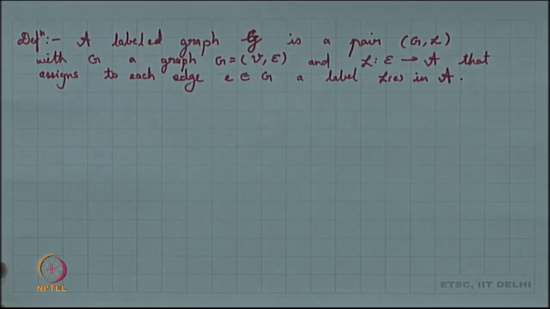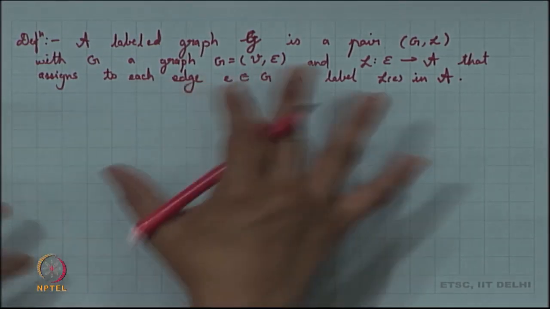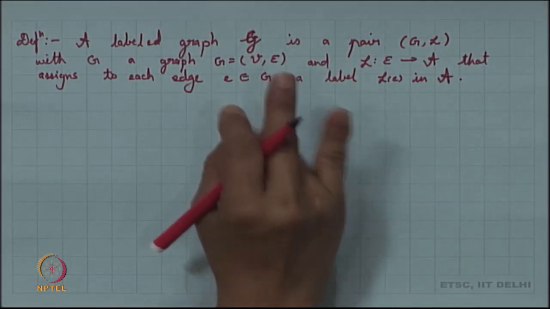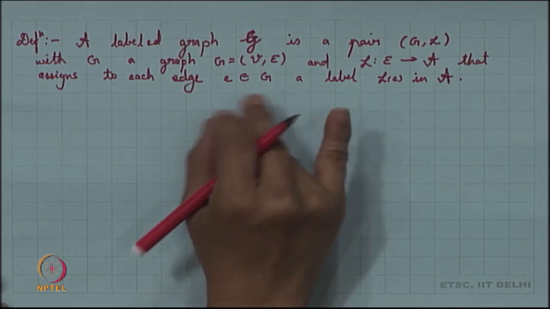Now, what does that mean? Now that we have a graph, in the graph we have basically labeled each edge. Now, look into the edge shift.